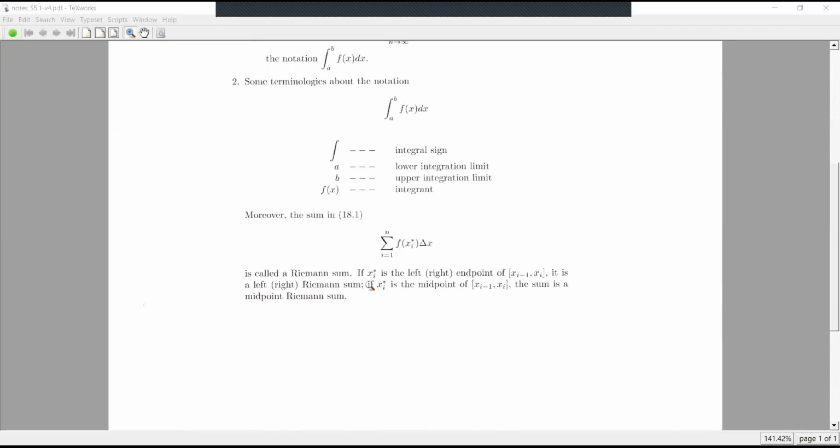If you choose xi star to be the right endpoint of the interval, then this sum is called a right Riemann sum. If you choose xi star as the midpoint of the subinterval, then the sum is a midpoint Riemann sum.